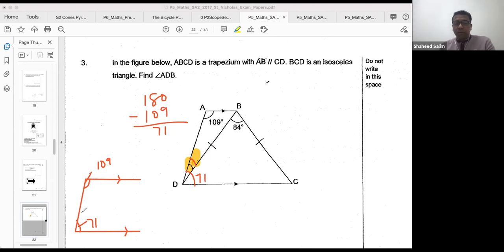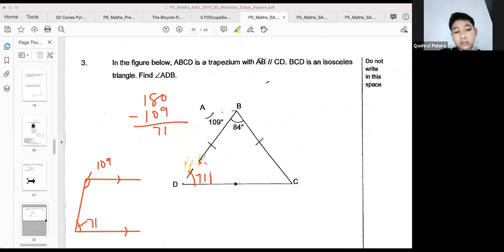These two must add up to 180. Now you want to find this angle. If we can find this angle, 71 minus this angle can give you this yellow angle. So let us put the blinkers on like a horse. We don't look at this one now. Imagine.